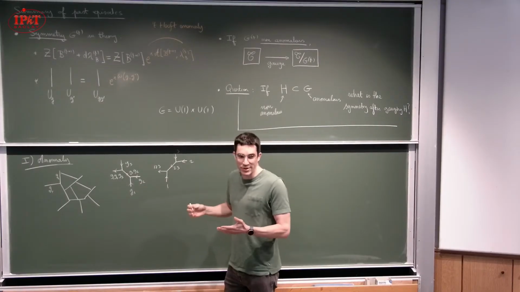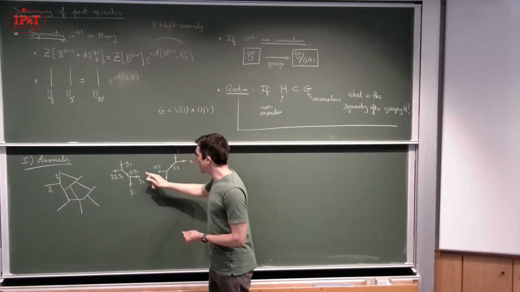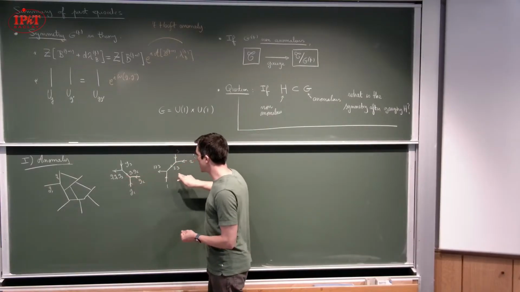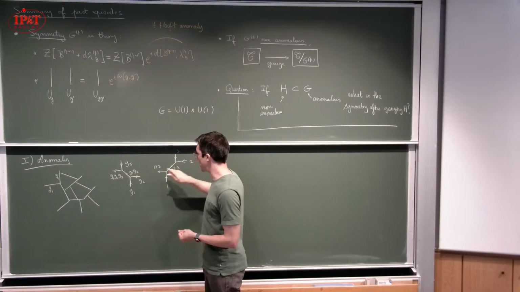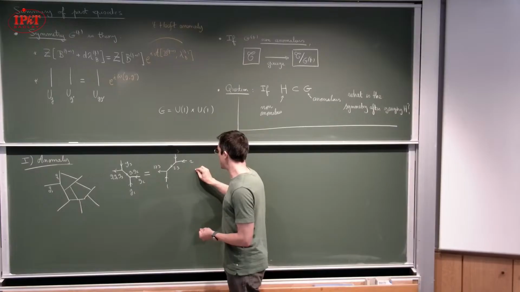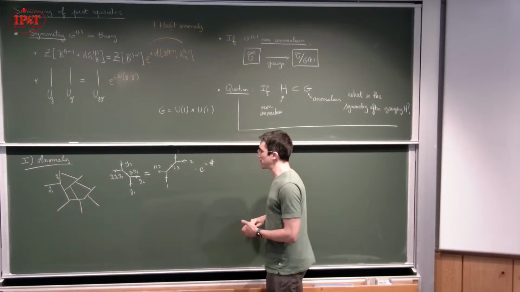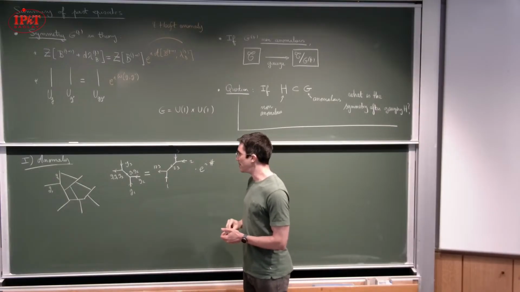But then I mentioned already at the time that this was actually if there is no anomaly. So if there is an anomaly, then the anomaly will be associated to what happens when you go from here to here. This is equal to that up to some phase, e to the i something. That's the anomaly.